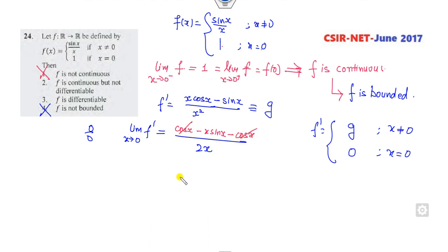So it will be 0. Once x square is there, it cancels out. So when you take 0, it is 0. Sin 0 will be 0. So 0 by x. This is the right answer.